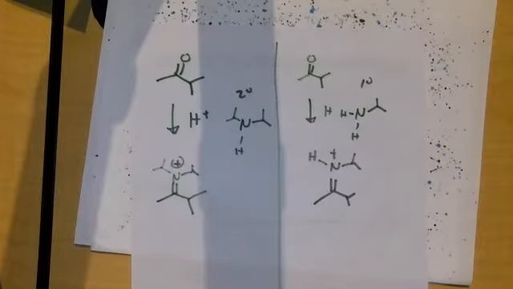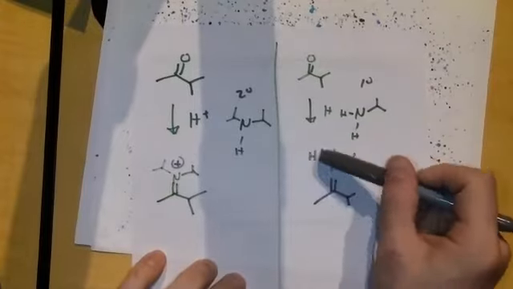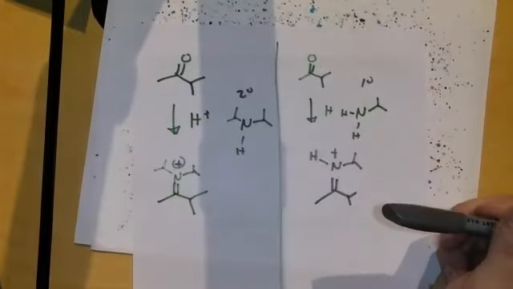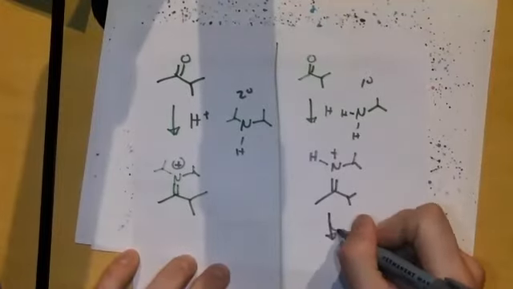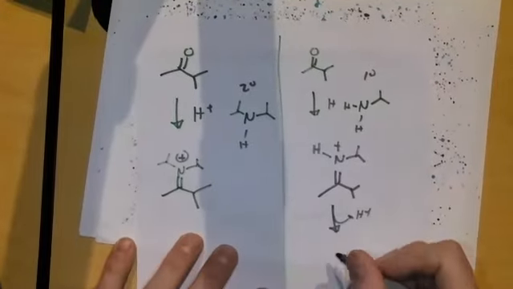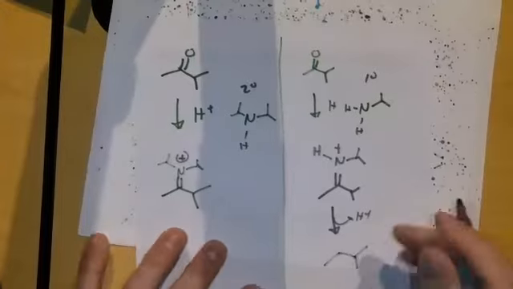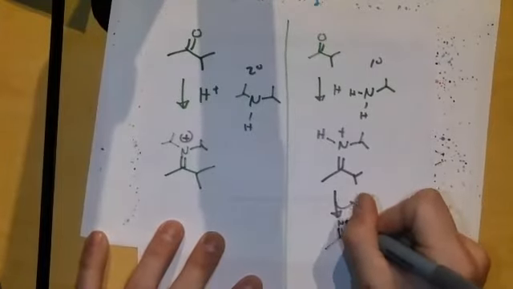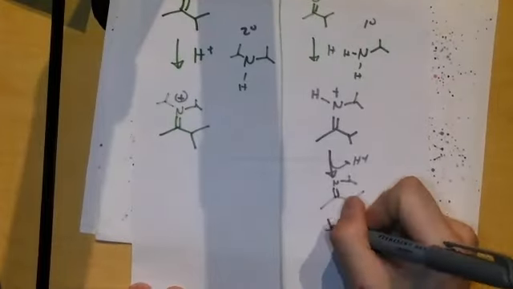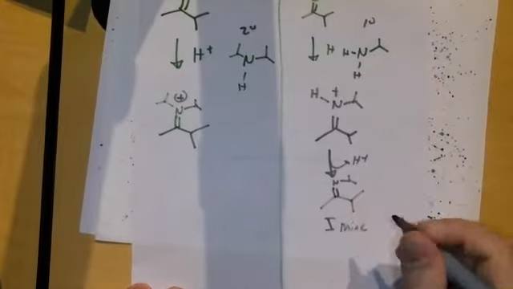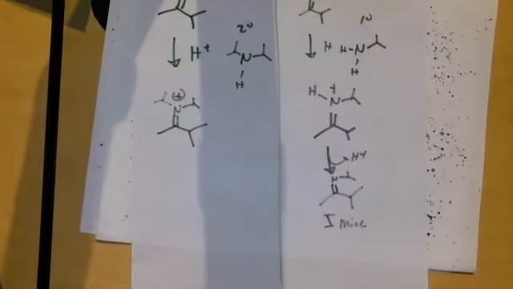So looking at the two of them, this H is really easy to pull off. If we wanted to make this neutral, we could just lose an H to give us a stable imine here. So we don't have any negative or positive charges here. This one is now stable.